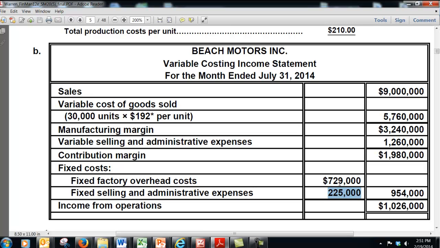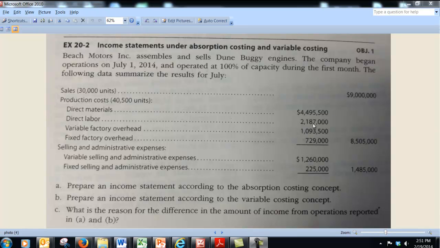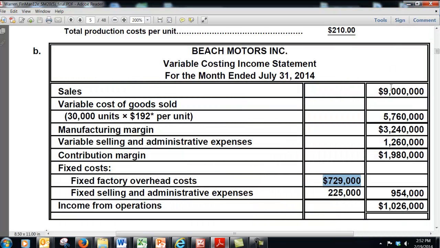In addition, we subtract out all $729,000 of the fixed factory overhead costs. See right here? Fixed factory overhead, $729,000. We're not even going to put that on a per unit basis. We're just going to subtract that whole thing out and treat it as a period expense. So what we're left with is $1,026,000 as our income from operations.